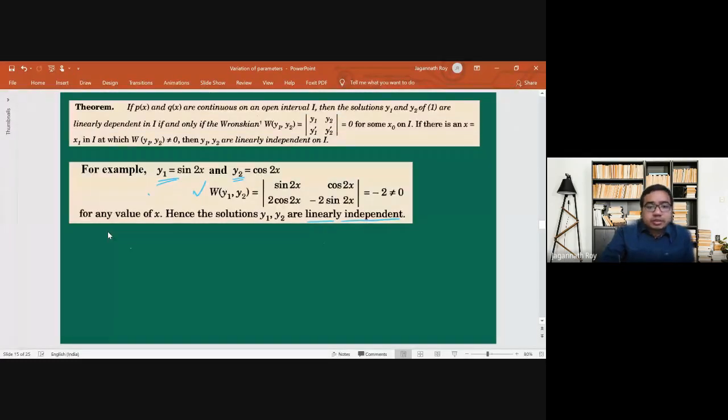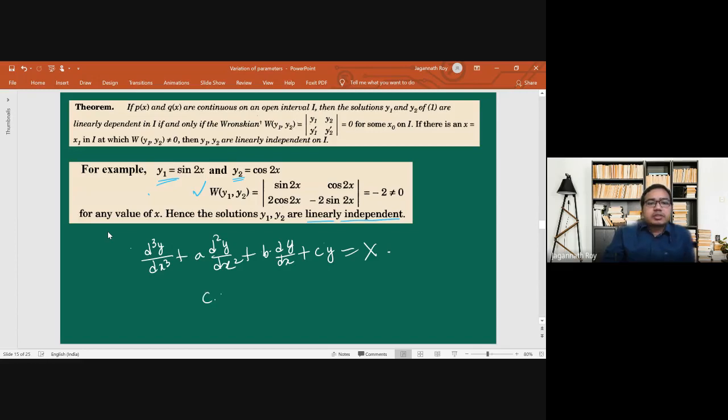This Wronskian concept will be useful for variation of parameters. Suppose we have a third order differential equation, for example a d3y/dx3 plus b d2y/dx2 plus c dy/dx plus d y equals the right hand side.